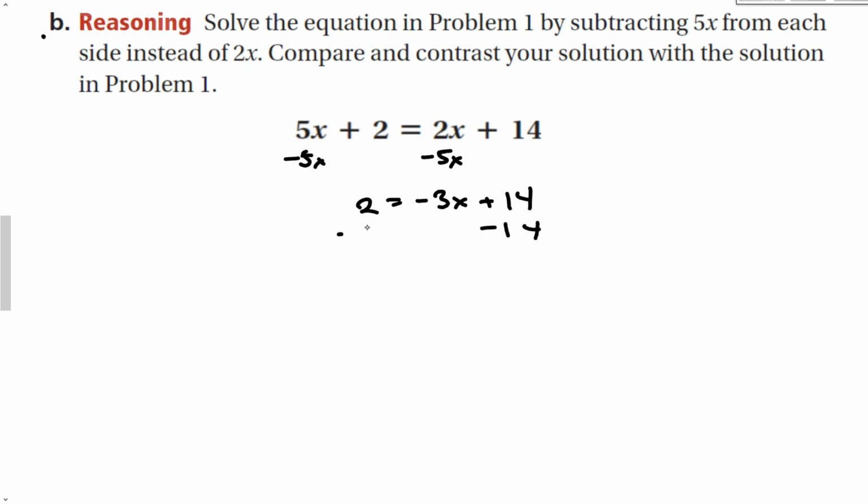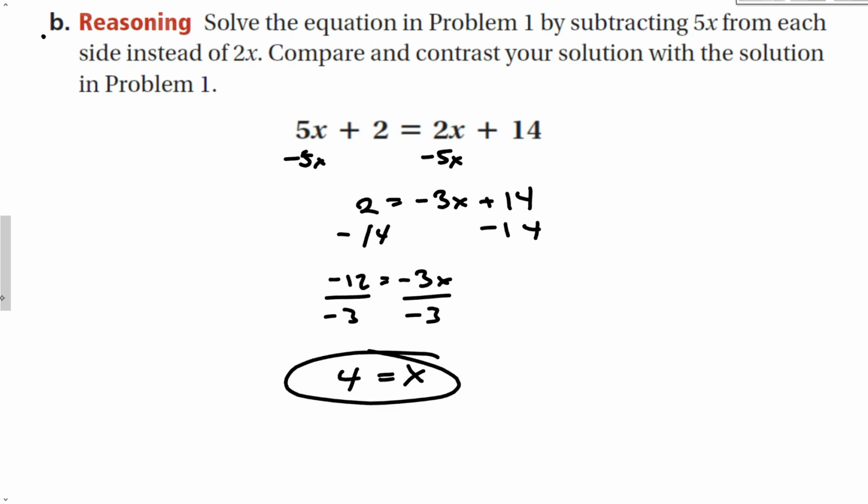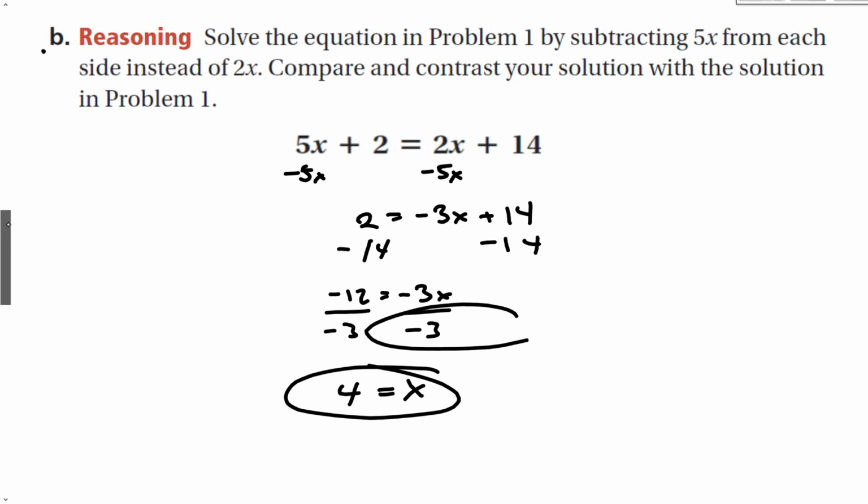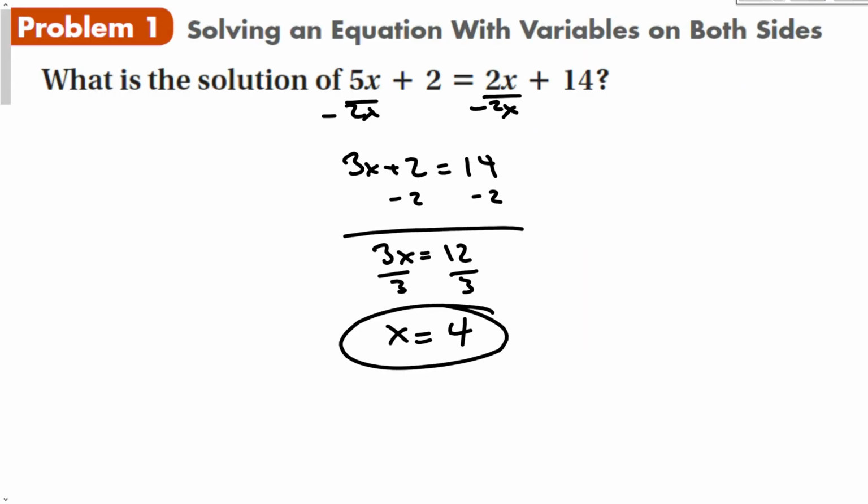Isolate the variable by subtracting 14 from both sides. That's -12 = -3x. And now we divide both sides by -3, which gives me x = 4. So I get 4 no matter which way I solve this equation.